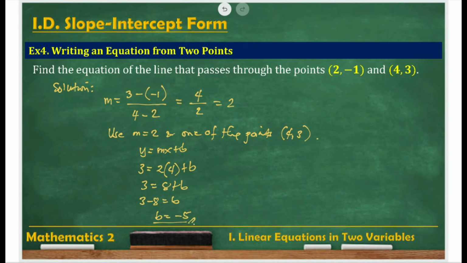Since b is equal to -5, and we know that the value of m is 2, we can now have the final equation, which is y is equal to 2, for the slope, multiplied by x, plus the b value, which is -5. So plus -5 is -5.